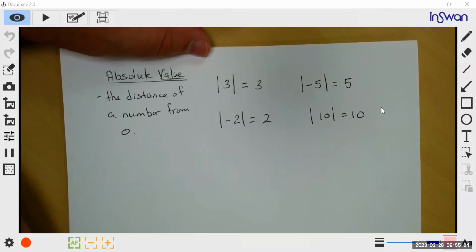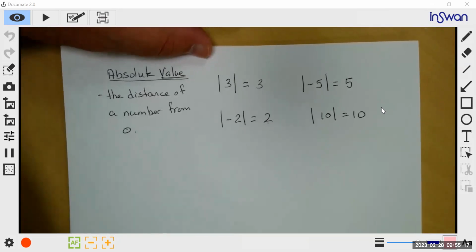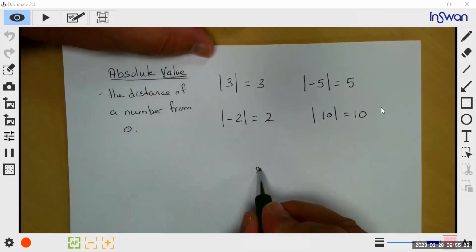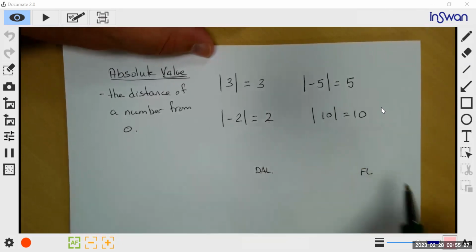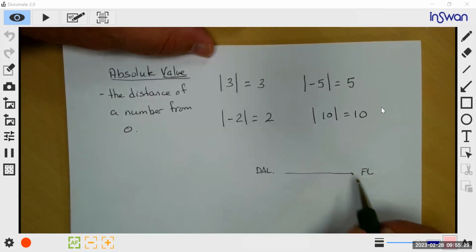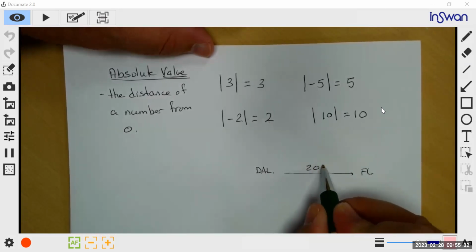Can a distance ever be negative? For example, from Dallas to Florida is how many miles? Approximately. Take a shot. So here's Dallas. Let's say 2024.